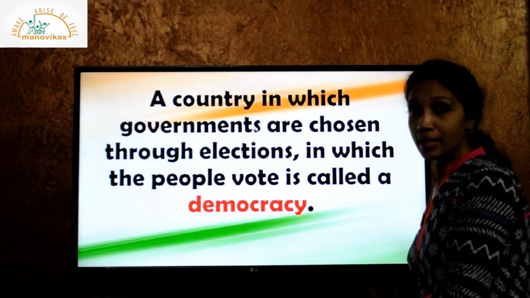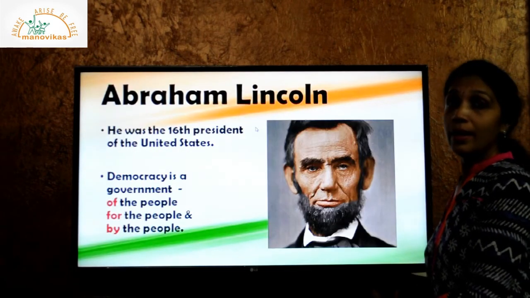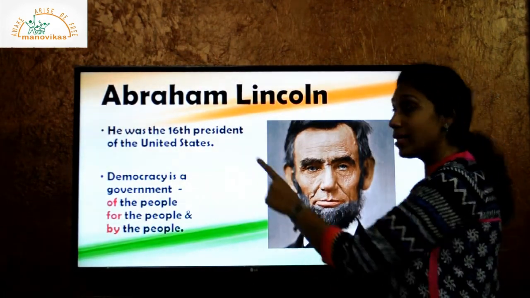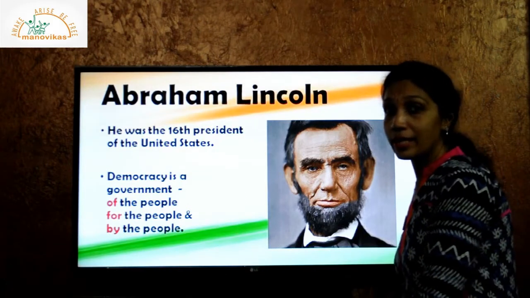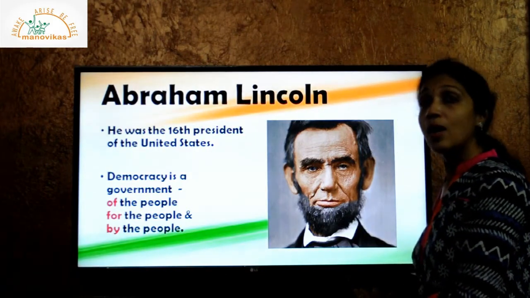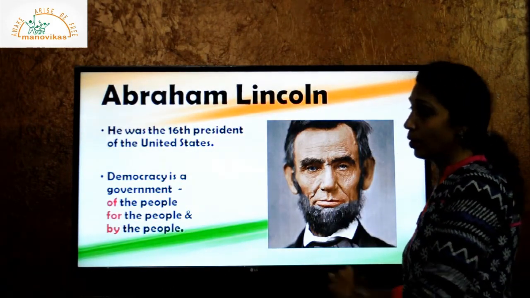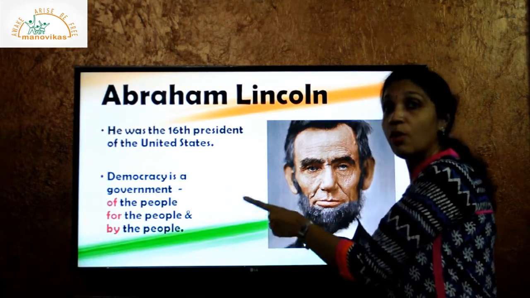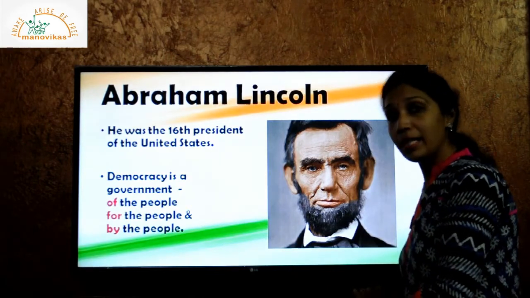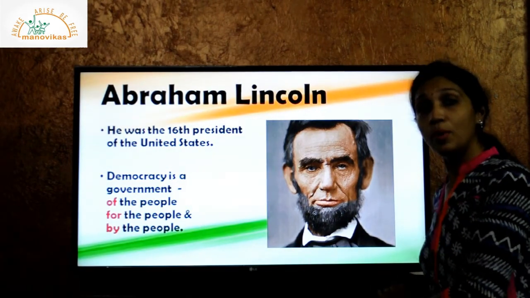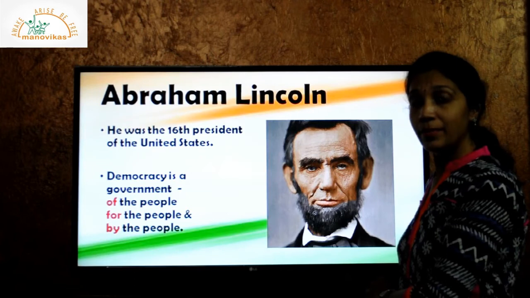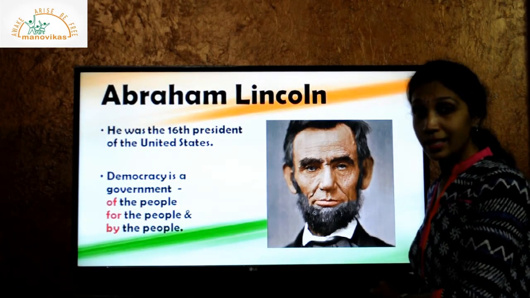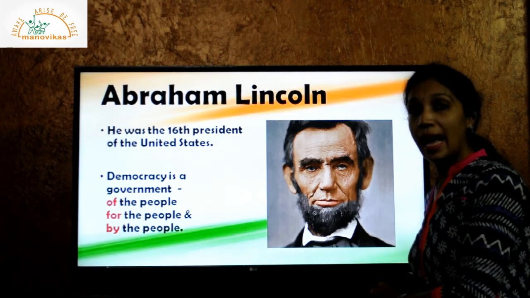The former president of USA, Abraham Lincoln, was the 16th president of the United States. According to him, democracy is a government of the people, for the people and by the people. In a democratic system of government, the government is answerable to the citizens for its action.